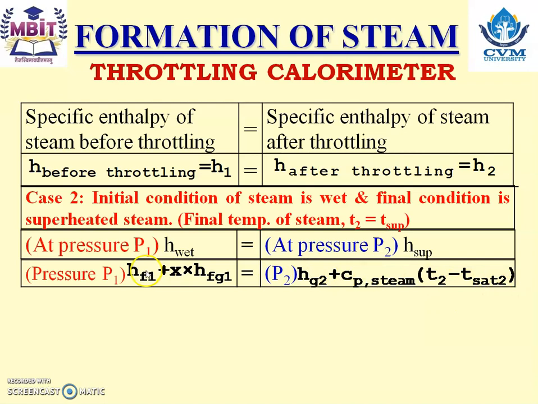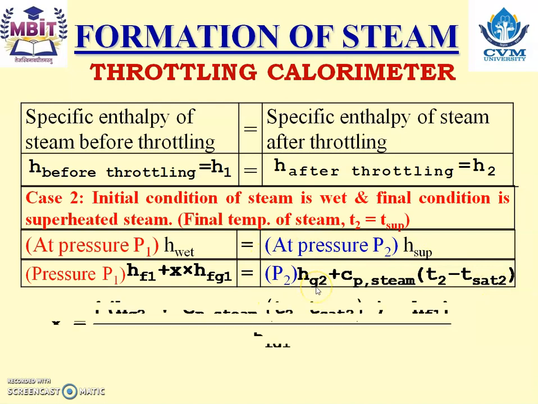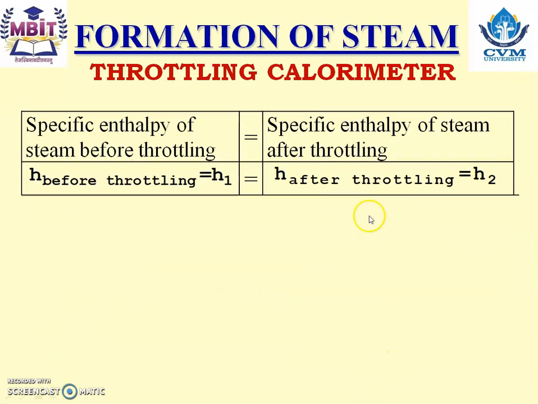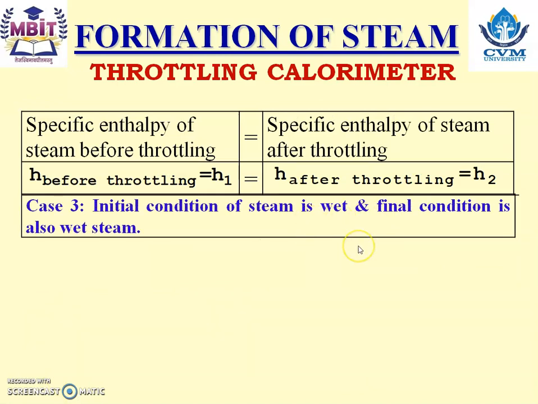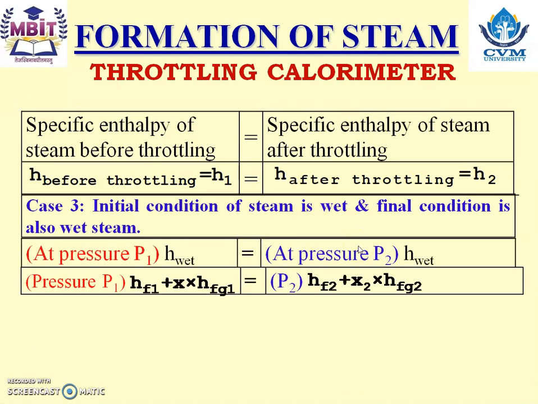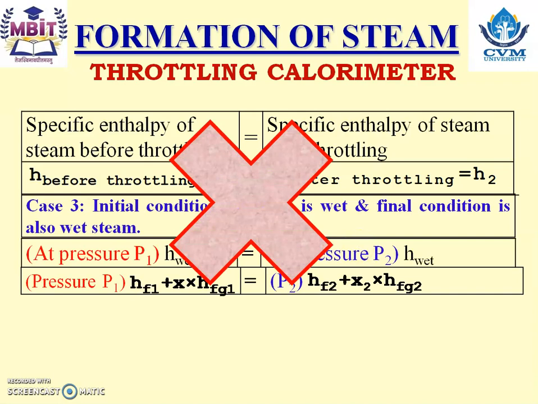Please understand, Hf1 and Hfg1 should be taken from the steam table at high pressure. Hg2 and Tsat2 are to be taken from the steam table at low pressure P2. Using this equation, we can calculate x. Now, if wet remains wet, we cannot calculate the dryness fraction.